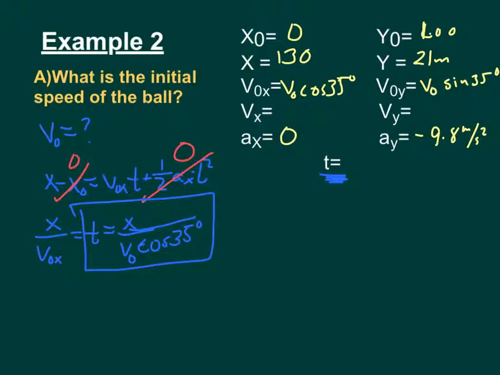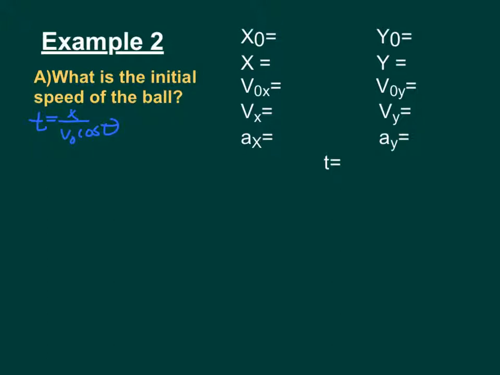So now we have an expression for t. And now comes the math-intensive part. We're going to use our y equation. We're going to say delta y, and I'm using delta just because it's a little easier to carry through, equals v naught y t plus 1 over 2 a y t squared.